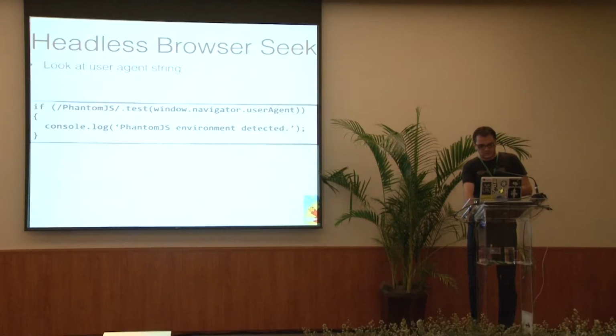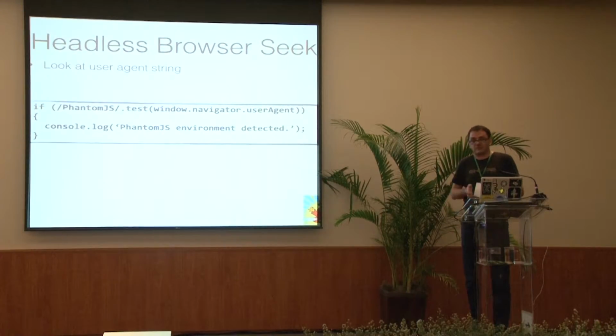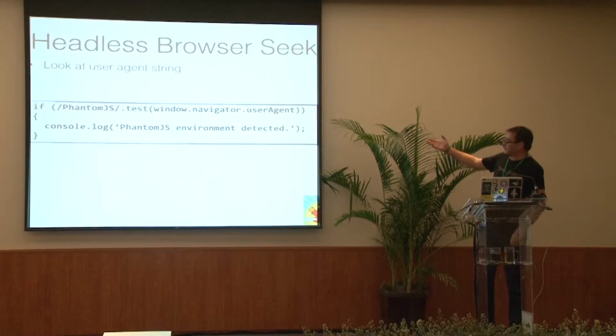So let's start with the simplest one. We all know that browsers are supposed to identify themselves, right? So the easiest thing to do is to say, using the user agent HTTP header, that I'm not PhantomJS, I'm Chrome or Firefox, whatever. So the easiest detection in PhantomJS should be something like this, right?